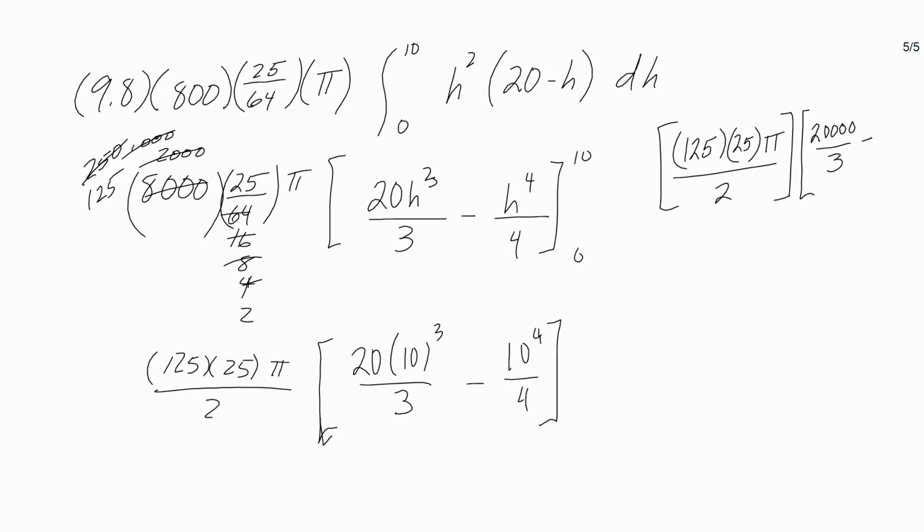I can't do the zeros in my head. 10,000 over 4, which is going to be a mess.